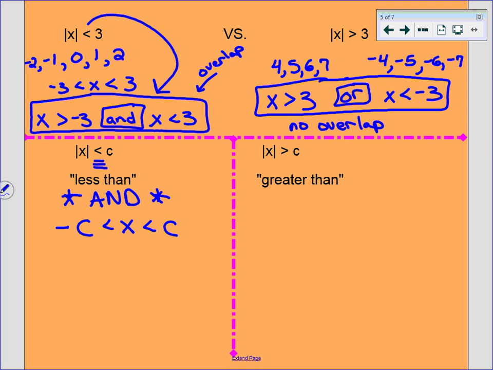On the other side of things, for the greater than, if you started with a greater than sign in your basic equation, you're going to have an or problem. So you're going to have x is greater than c, or x is less than negative c. Follow the same form that we did on the top there.